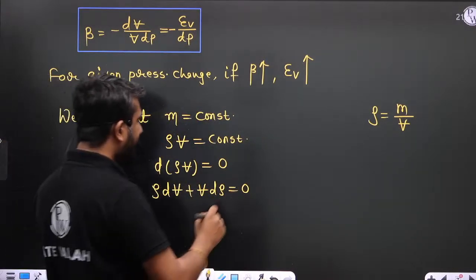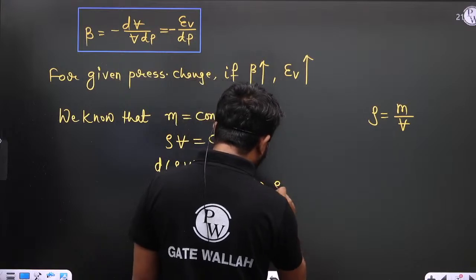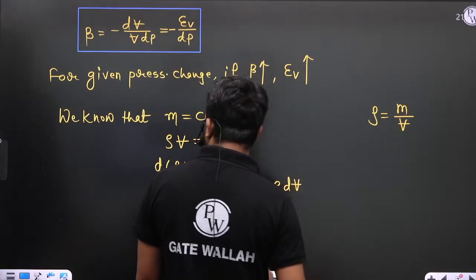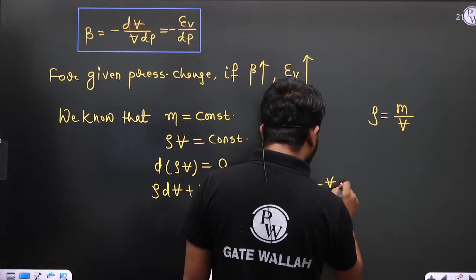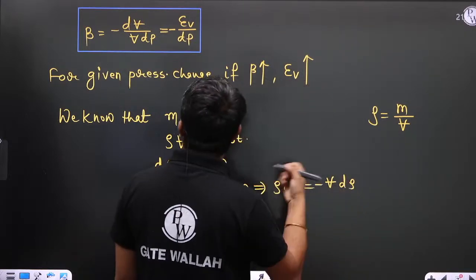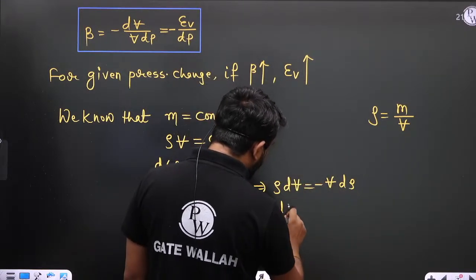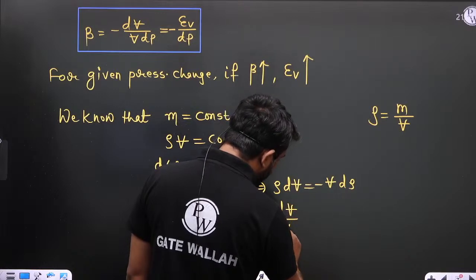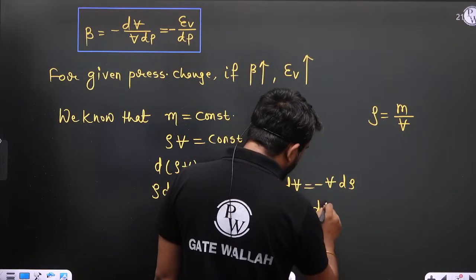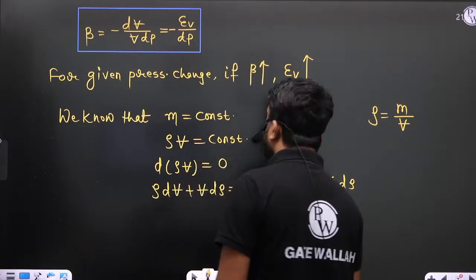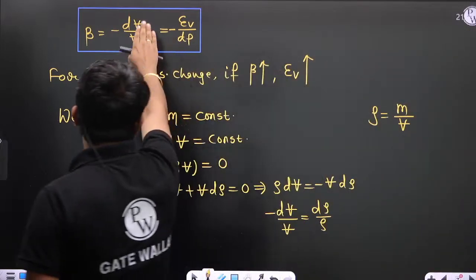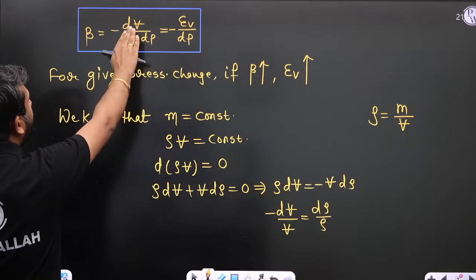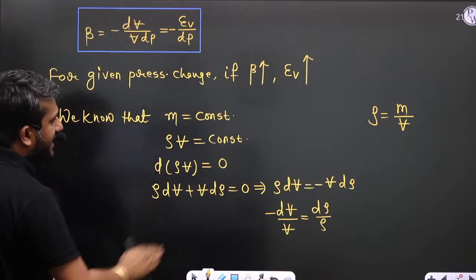Or we can write rho dV equals minus V d rho, or minus dV by V is equal to d rho by rho. So in this expression, instead of minus dV by V, we can write d rho by rho.